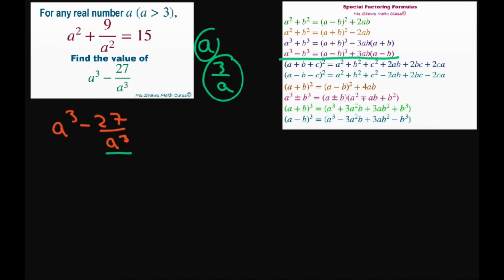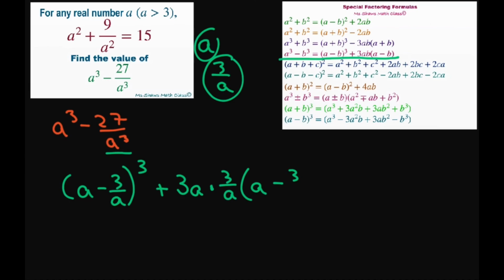So that's going to be a minus 3 divided by a, cubed, plus 3 times a times 3 divided by a, and then we still have the a minus b again, so it's going to be a minus 3 divided by a. All right, now this is going to simplify to this right here, which we know is 3.